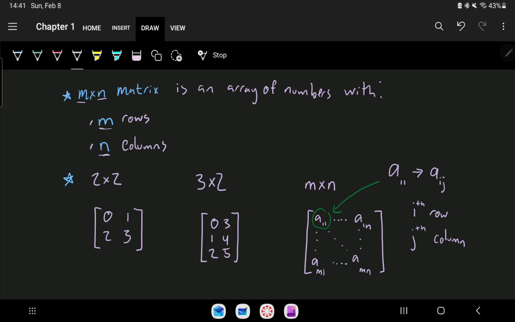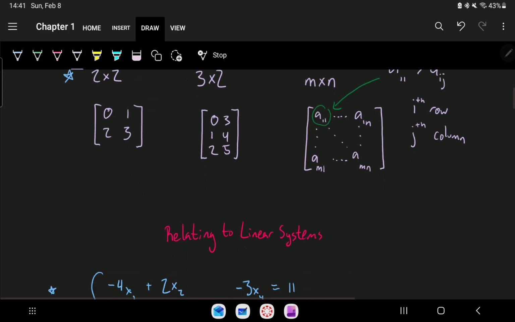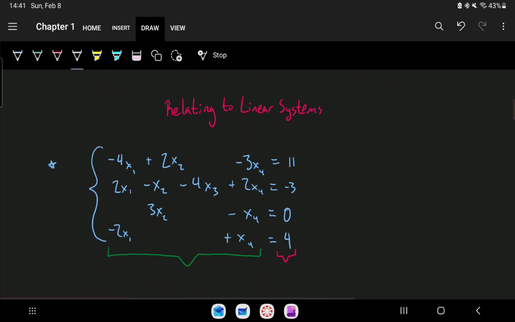But in general, in actual practical examples, we're usually going to be seeing things with actual numbers in them. So you might be asking right around now, how does this relate to linear systems like we were looking at last time? So I have here an example set of linear equations.